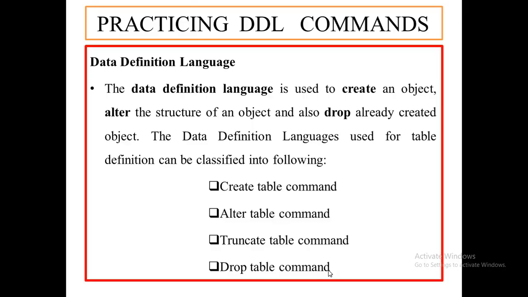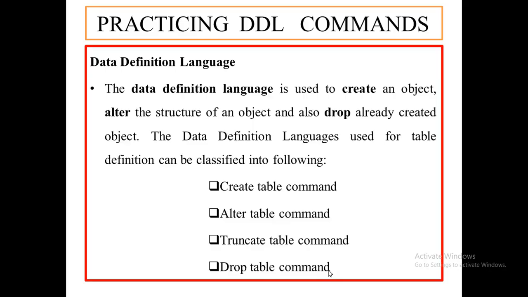So we have said we can do the data definition language, data manipulation language, data control language, and etc. So we are going to check this one by one. What does it mean by the word data definition language?